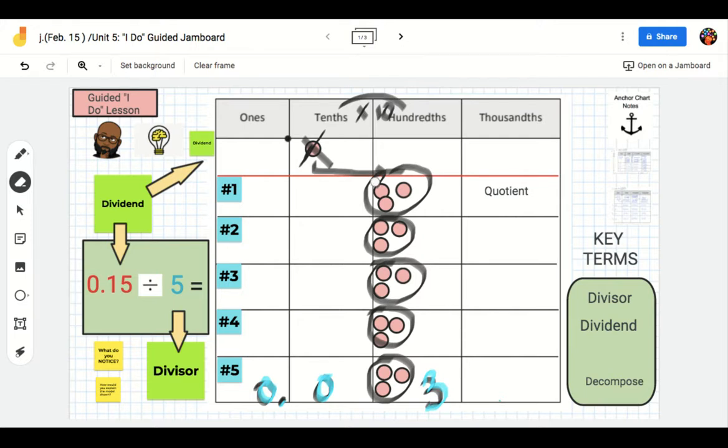There are 3 hundredths groups of 5 in 15. And ladies and gentlemen, that's what dividing with place value is. Sharing equally using your place value and then showing it in standard algorithm.